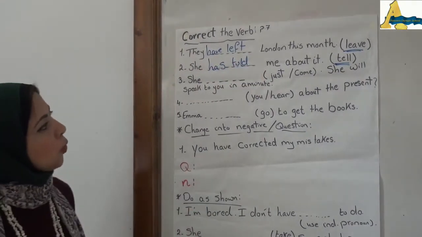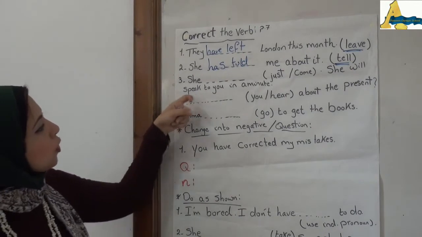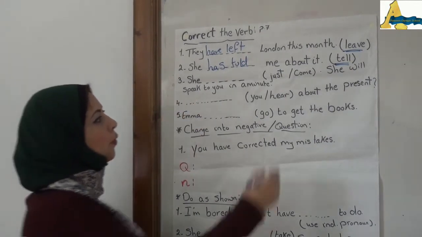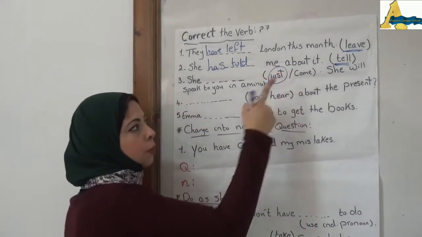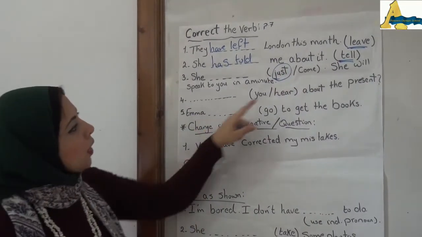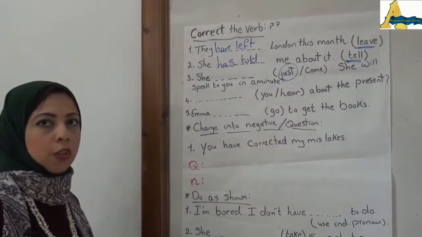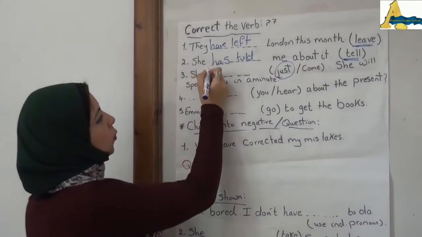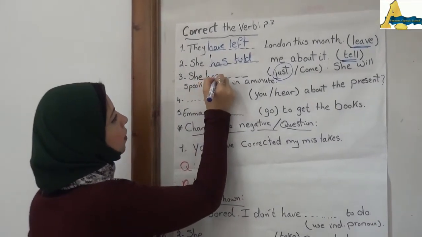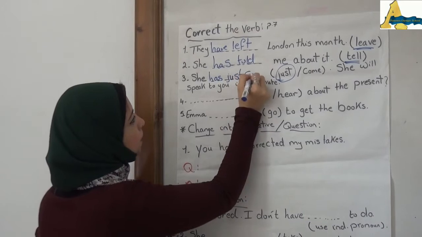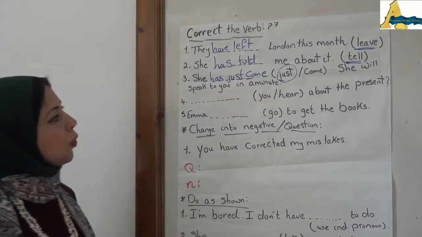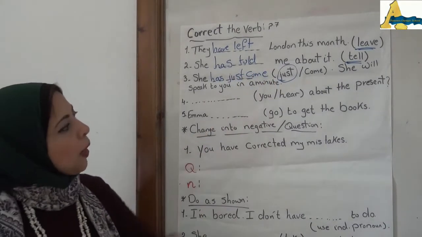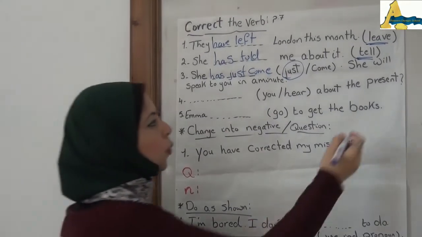Number 3, she will just come. She will speak to you in a minute. Here we have the key word, and we said just is going to be between the 2 verbs, and come is going to be the same. It's an irregular verb, and it's going to be the same. So she has just come. Number 4, you hear about the present. Here we have a question form.